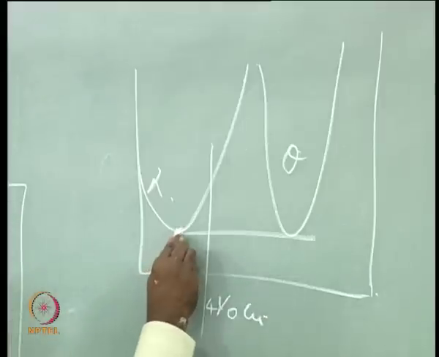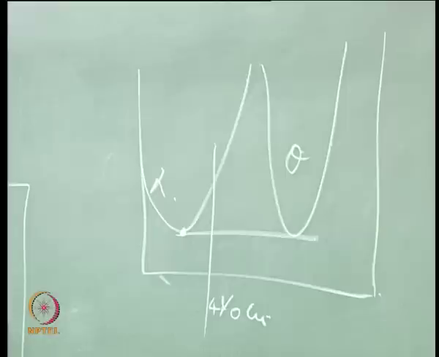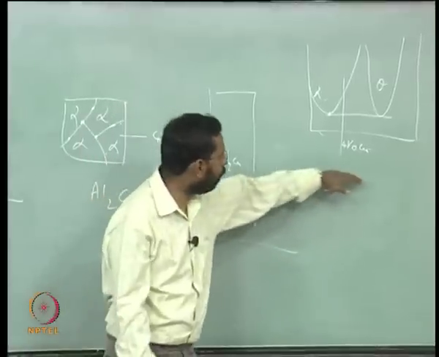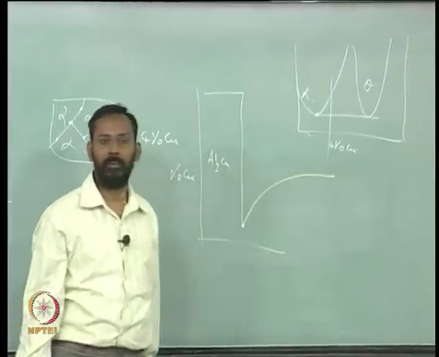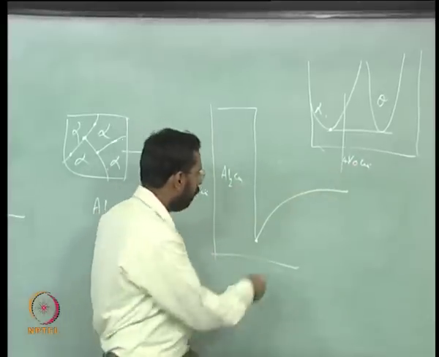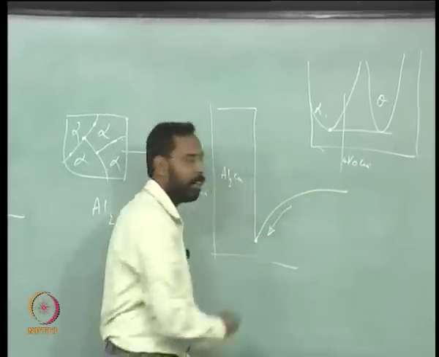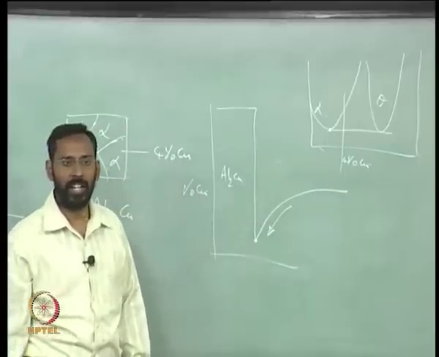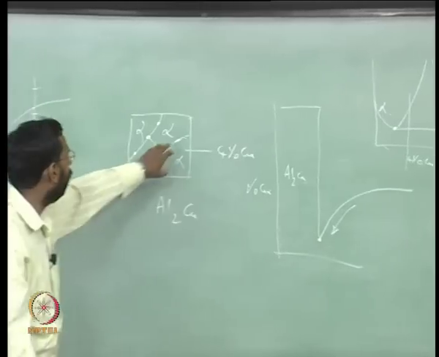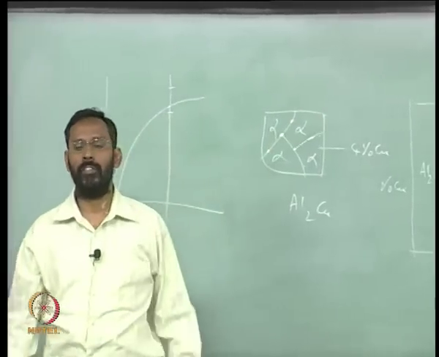This composition is the composition of alpha in equilibrium with the theta phase, Al2Cu, and the composition of alpha far away from the theta phase will be the starting 4% copper, and there you see that there is a driving force, there is a gradient for the copper to move towards it, and that will drive the theta phase to grow.